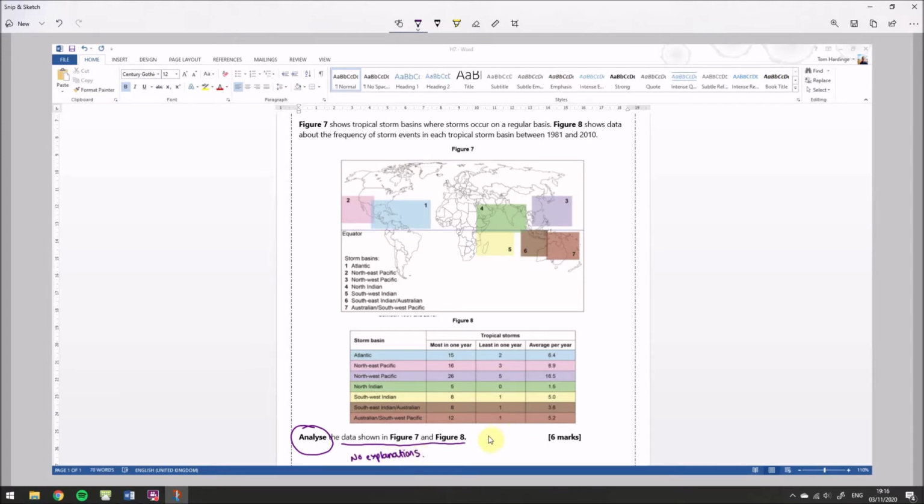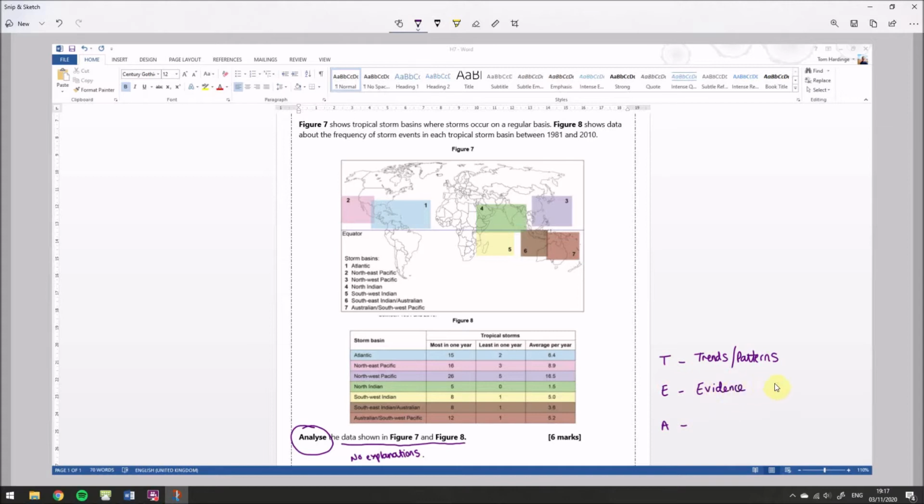The key theme we want to remember for this sort of question is the acronym TEA. I've come across this before. Okay, the T stands for trends or patterns. What can you see in terms of things like highest or lowest or differences, that kind of thing. E stands for evidence.